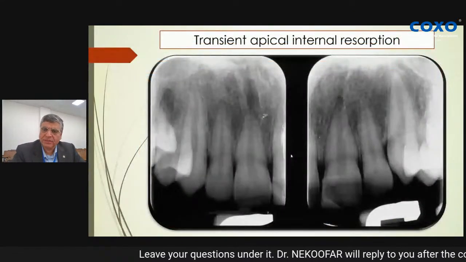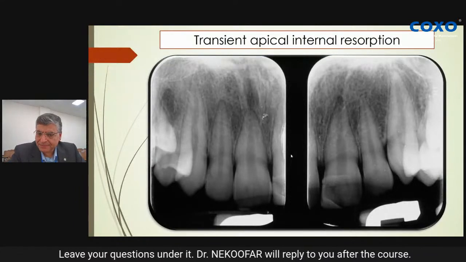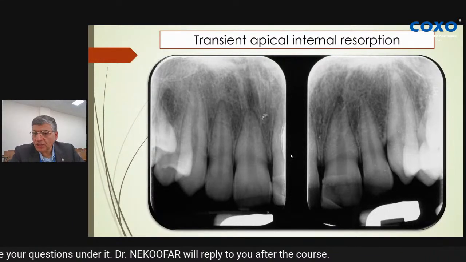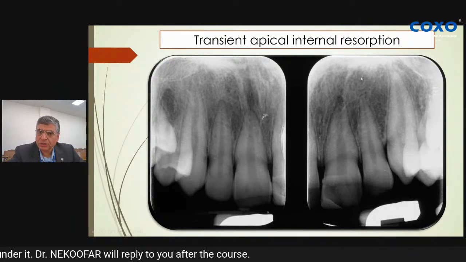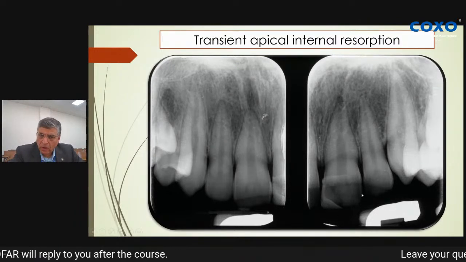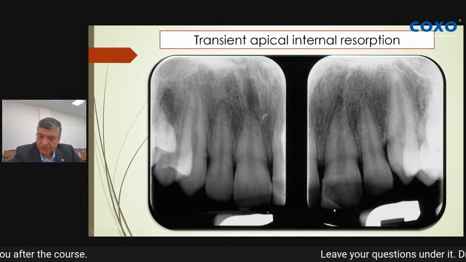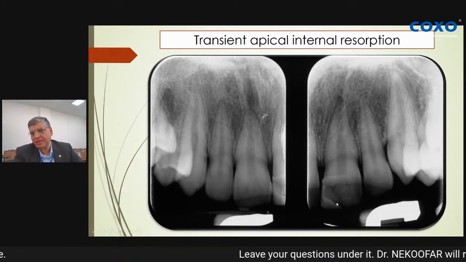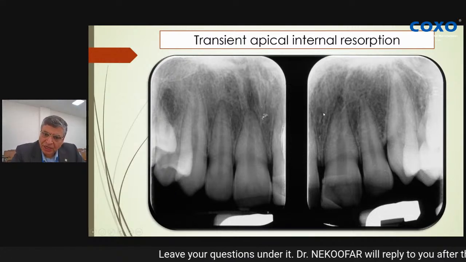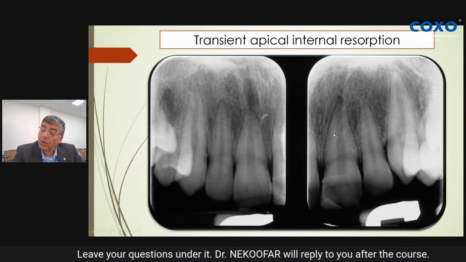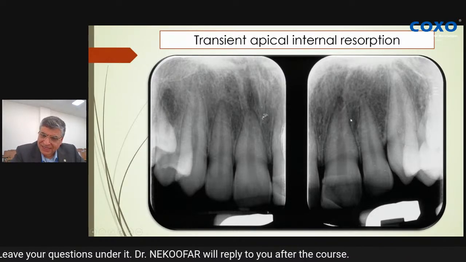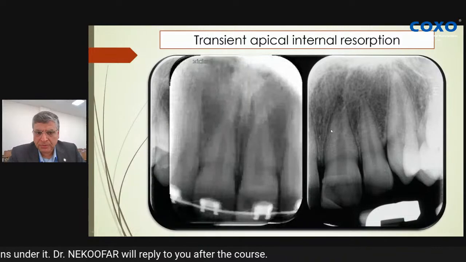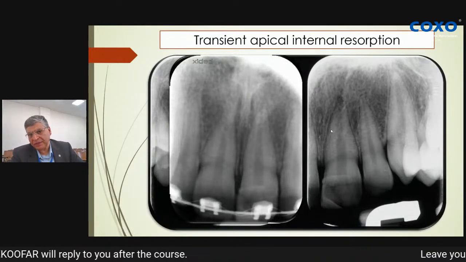So look at the case, for example. This case has the history of trauma and also has the history of a restoration, a composite restoration, and a deep caries is here. After initiation of orthodontic movement, you can see now the apical breakdown, and you need to keep an eye on this.